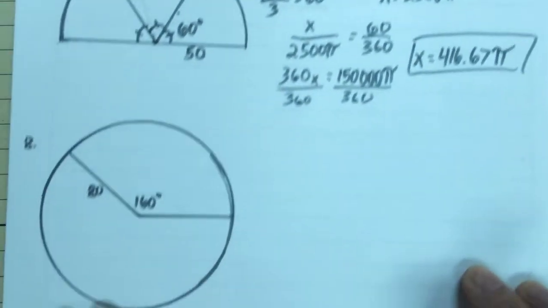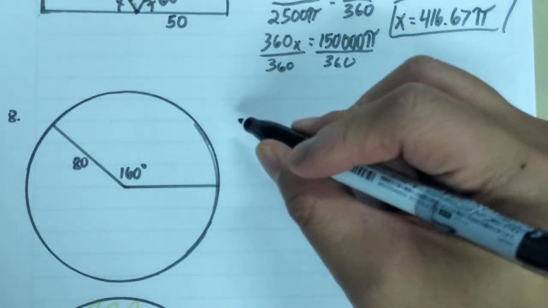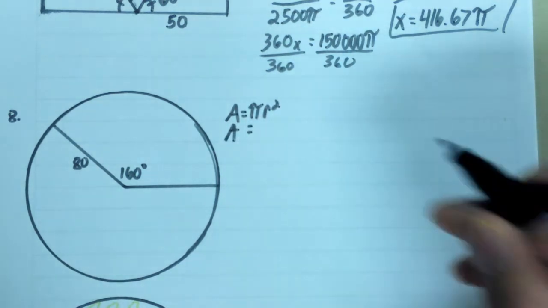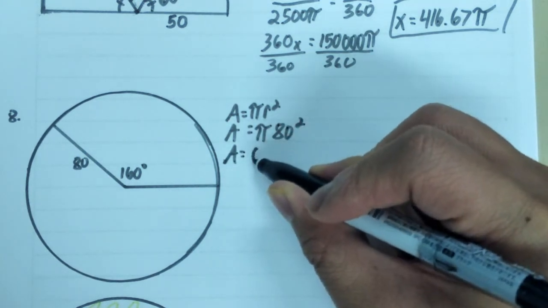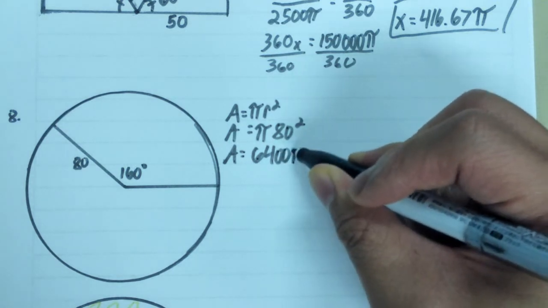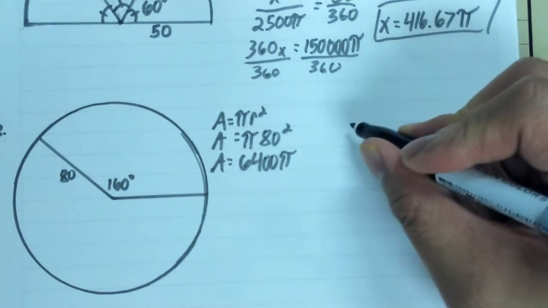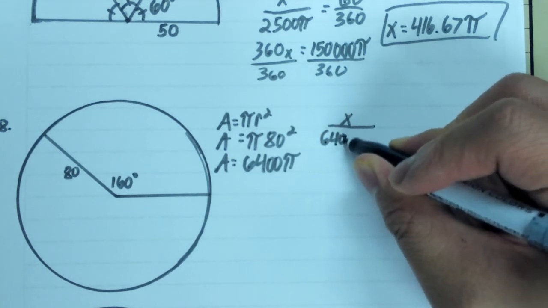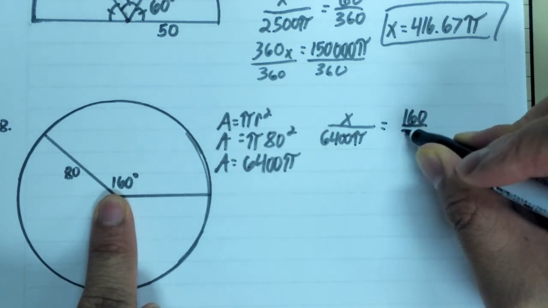Alright, next problem. This example is just straight up sector area. Area equals pi r squared, which means pi times 80 squared. 80 squared is 6400, so we have 6400 pi for my total area. Then we throw this in the proportion. We don't know what the sector is, so we call that x. X over 6400 pi equals my angle, 160, over the full circle, 360.